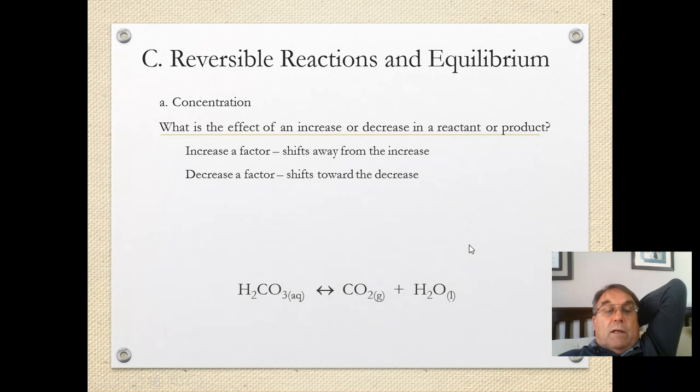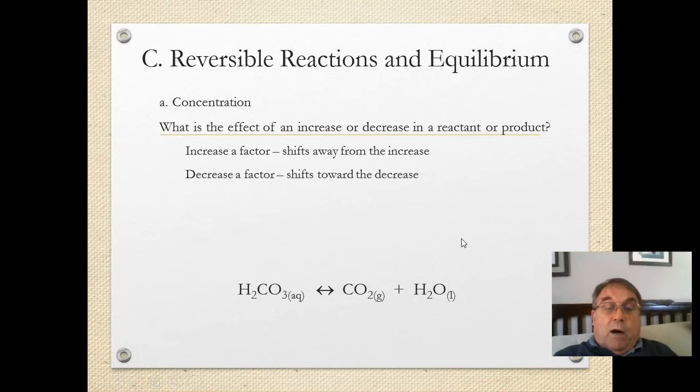So if we look at the decomposition of carbonic acid, this happens every time you open a soda pop. CO2 is produced, so you end up with carbonated water: CO2 and water. So what happens if you increase the CO2?